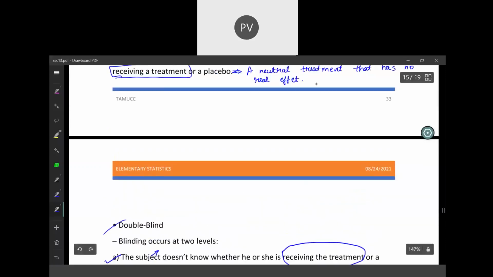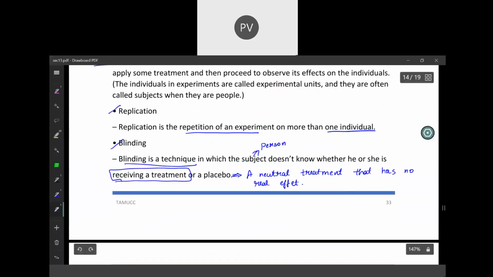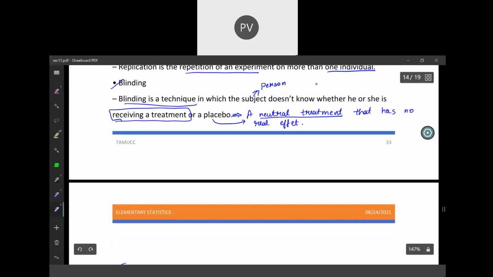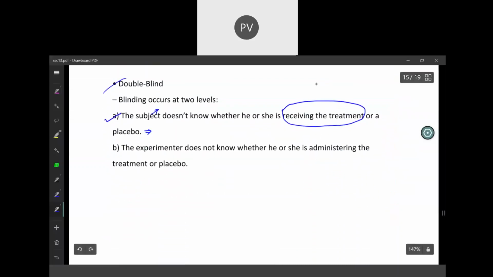Placebo is nothing but a neutral treatment that has no real effect. That is called placebo.